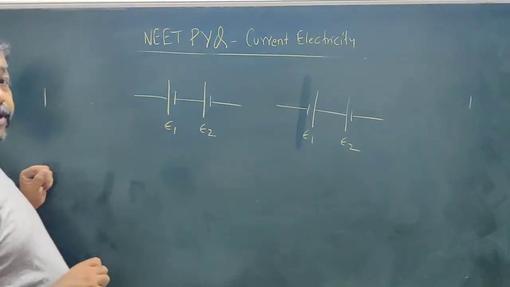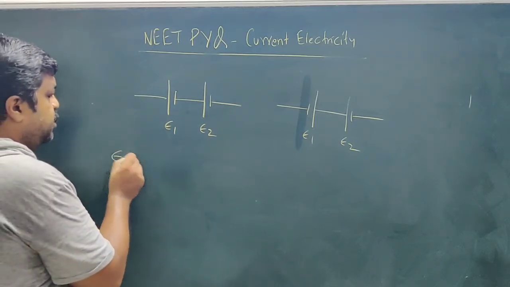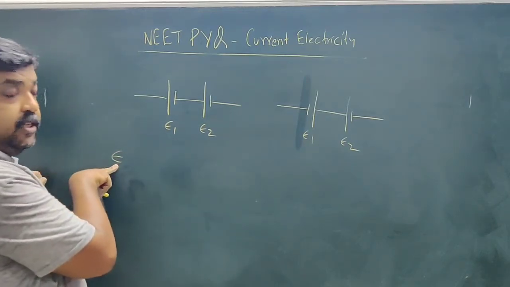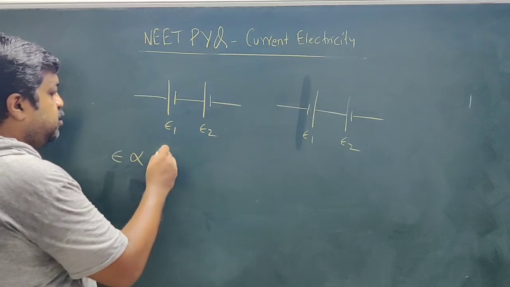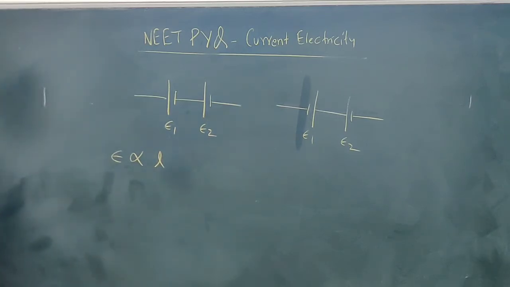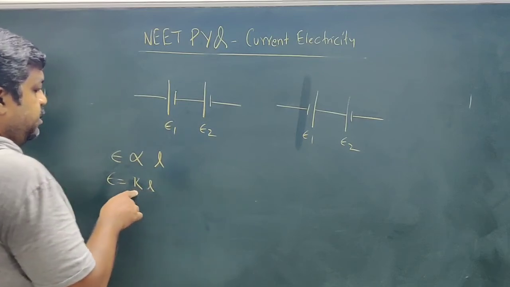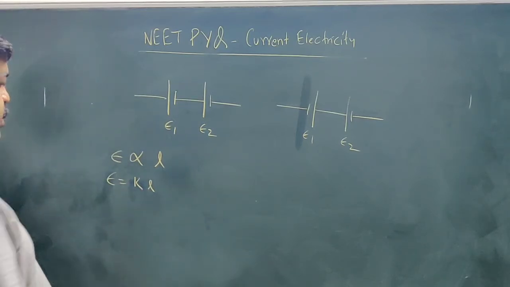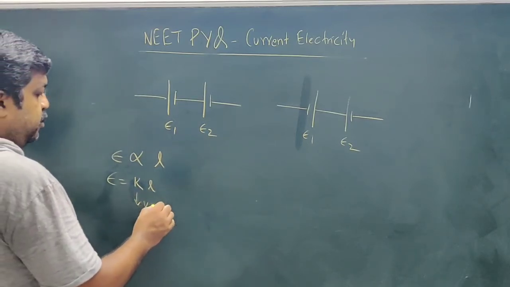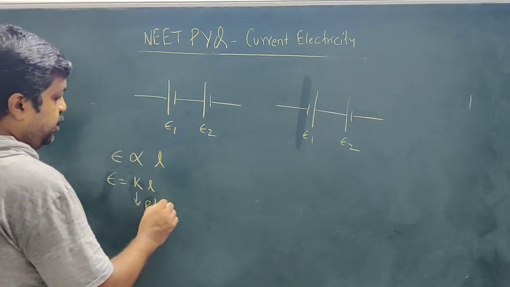Now the other thing you need to understand is that for the potentiometer, the concept is that the potential drop is proportional to the balancing length. So E is equal to KL, where K is the proportionality constant and it is called potential gradient.